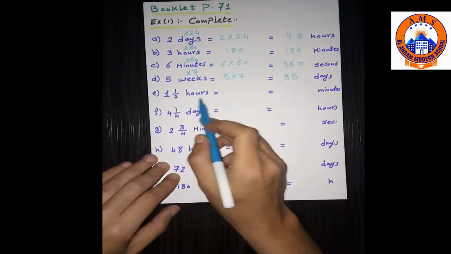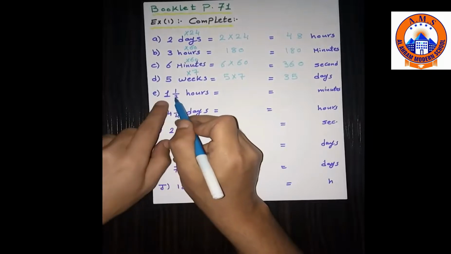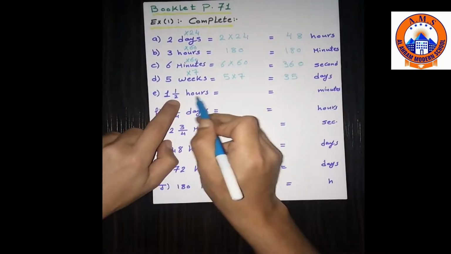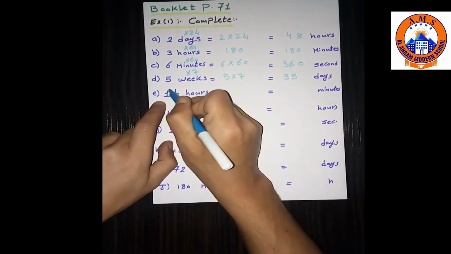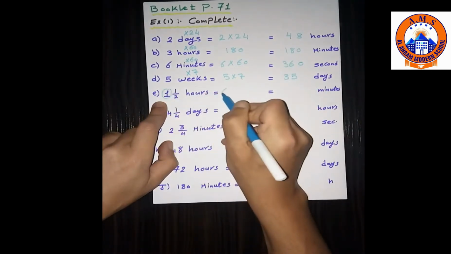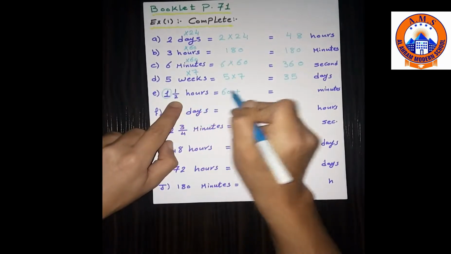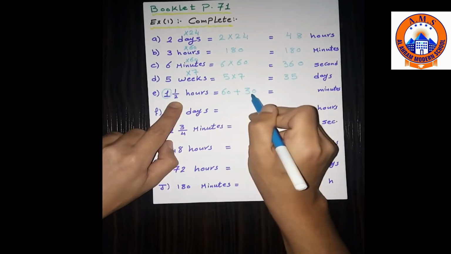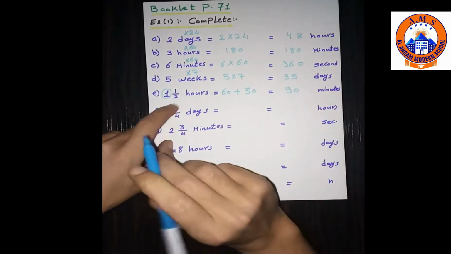1.5 hours equal how many minutes? We know that 1 hour contains 60 minutes, and half of an hour contains 30 minutes. So 60 minutes plus 30 minutes will equal 90 minutes.